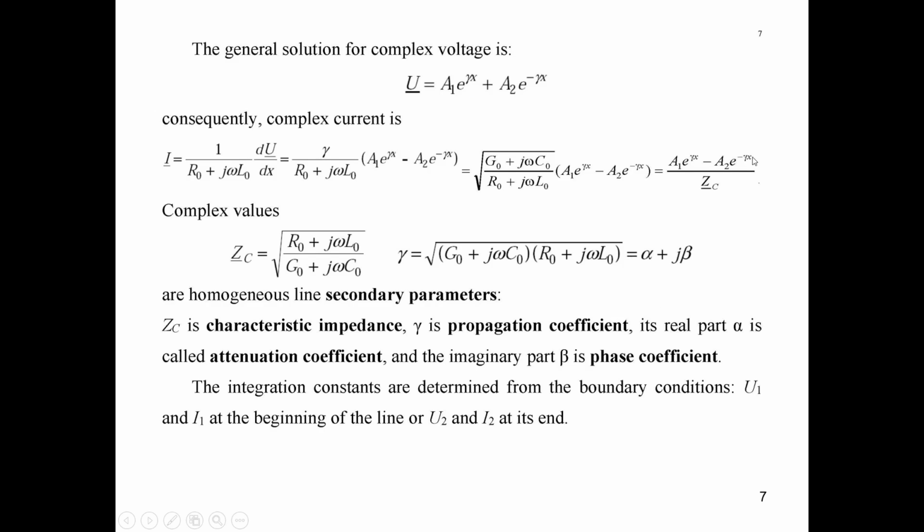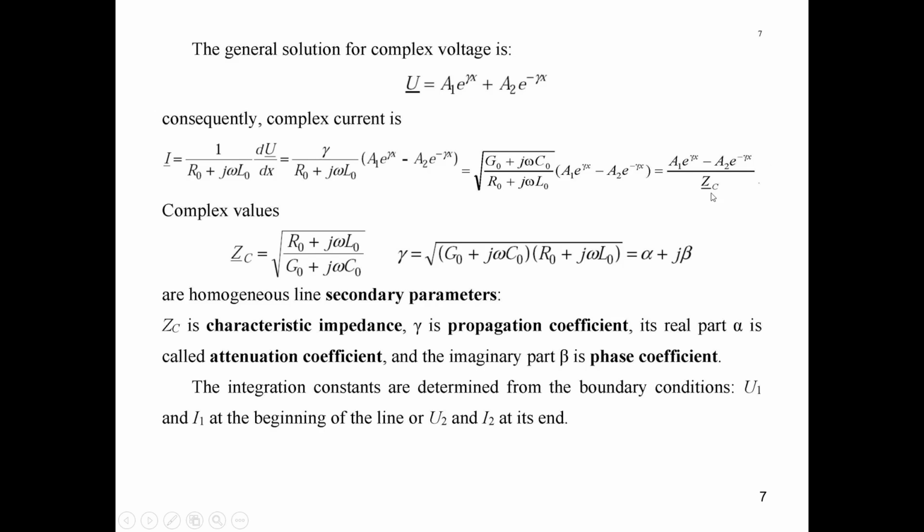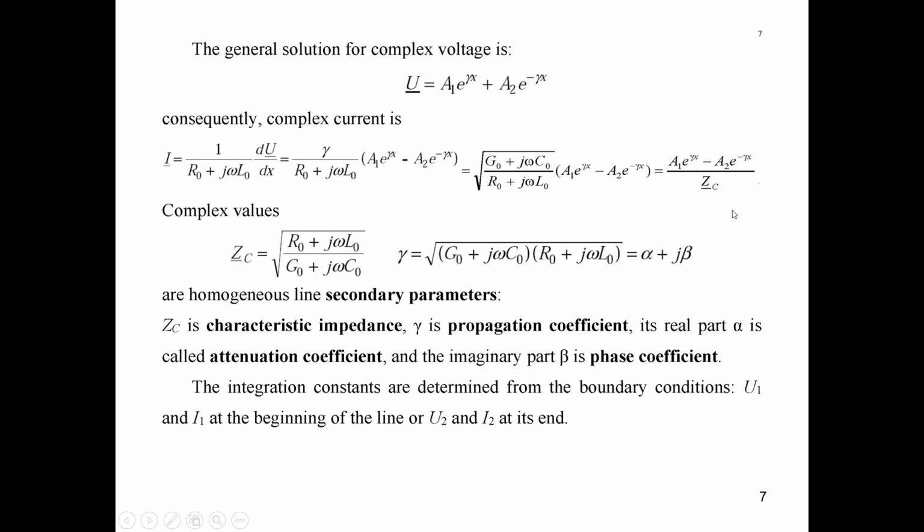If we change places of these two summands, for the first summand, the ZC I2 over ZC will be just I2, and the second summand will be U2 over ZC, multiplied by e to the degree gamma x.